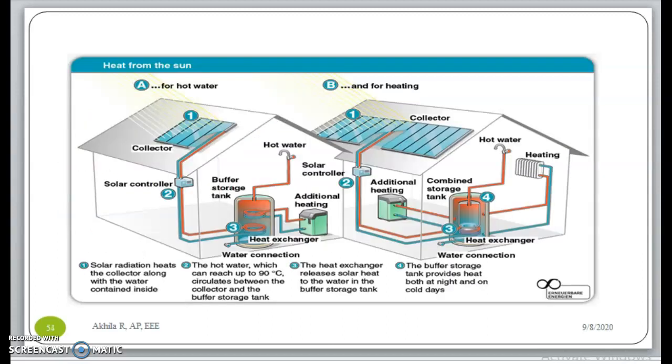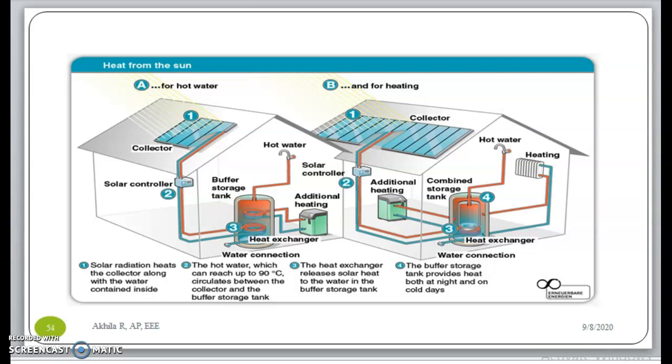So in this diagram, we saw that there are two ways by which you can collect and use heat using the collector. The first house, that is A, the collector is being mainly used for hot water purpose only. As you can see, the solar radiation is heating the collector along with the water that is contained inside.